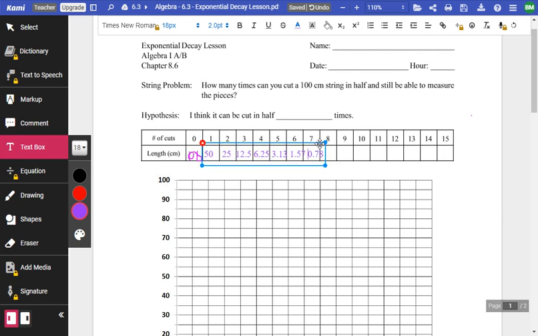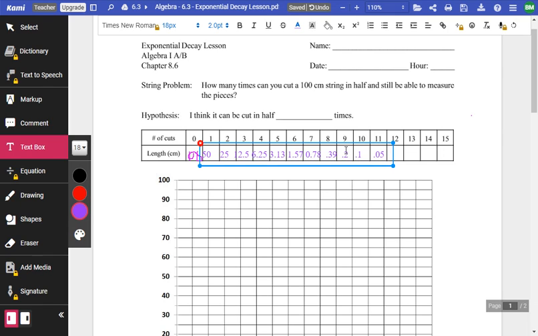Maybe I can get this to go in here where I like it. Okay. At 8, we're at 0.39. At 9, we're at 0.2. At 10, we're at 0.1. At 11, we have 0.05. So that's less than half a centimeter, right?